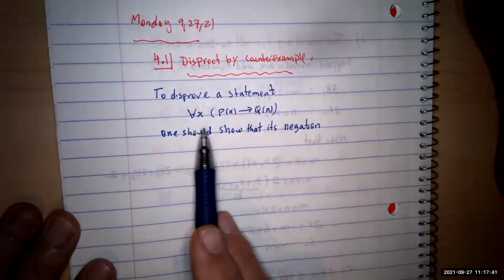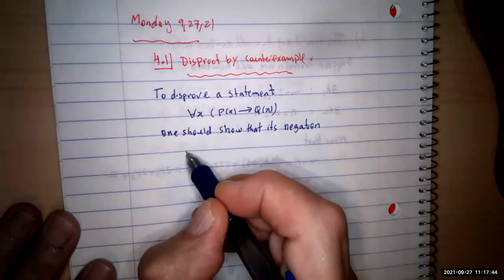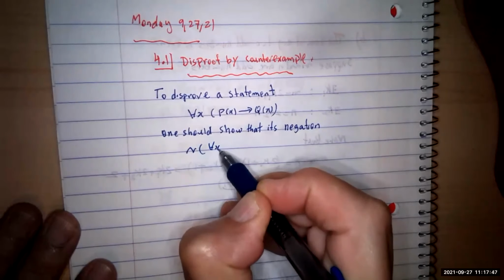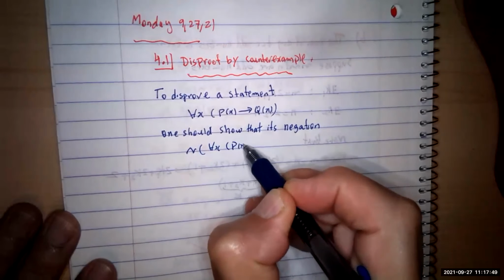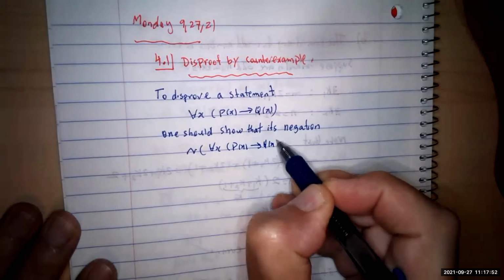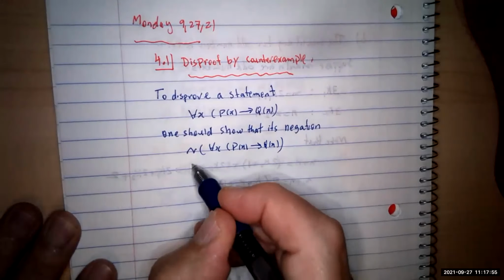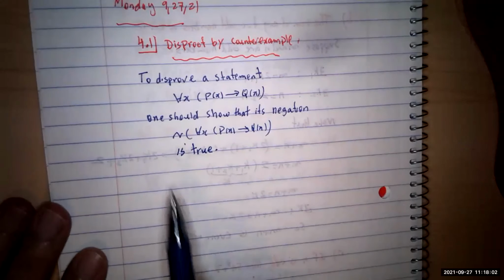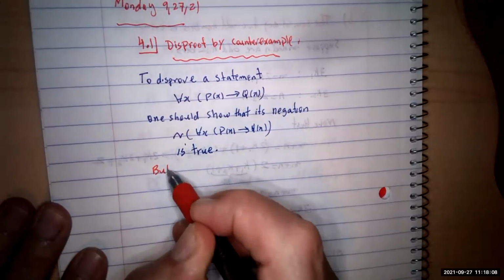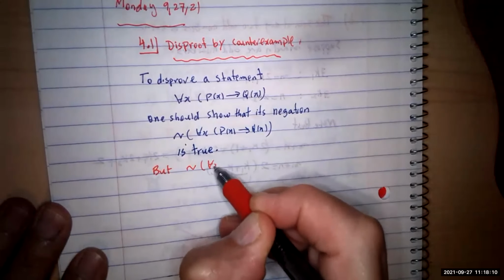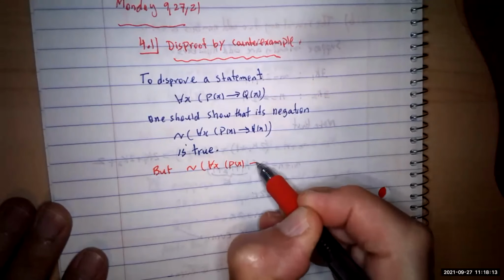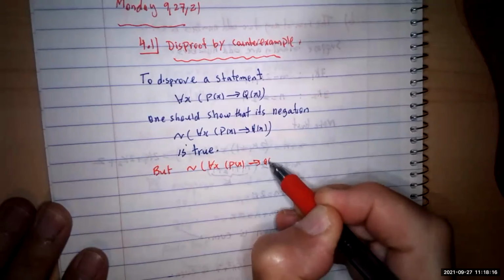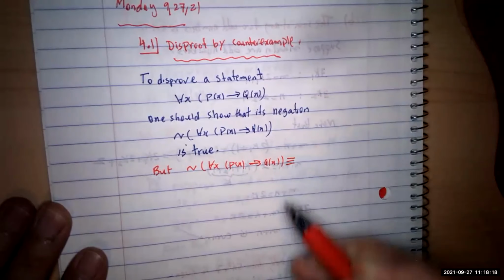Let's say the negation of: for all x, if p(x), then q(x). We should prove that the negation is true. If you don't believe that the theorem is true, then the negation must be true. Now, what is this negation? Remember, what is the negation of for all x, if p(x), then q(x)? Anyone to try? Give us the negation of this statement.